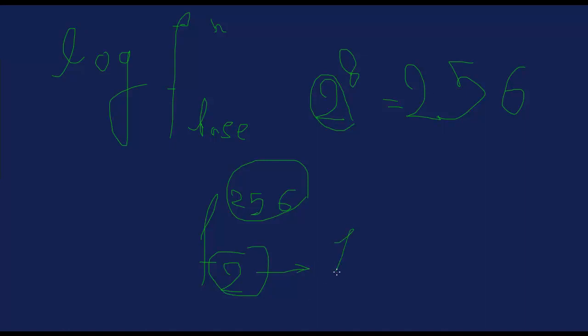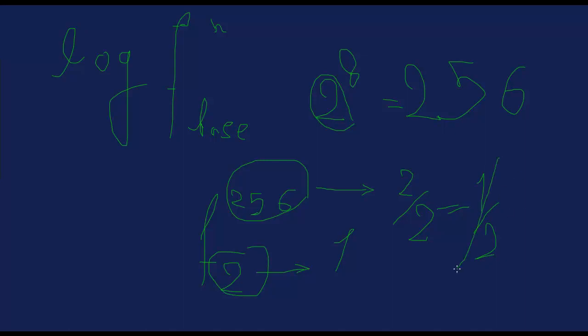So we know that if we continue dividing 256 by 2, we will eventually get 1.